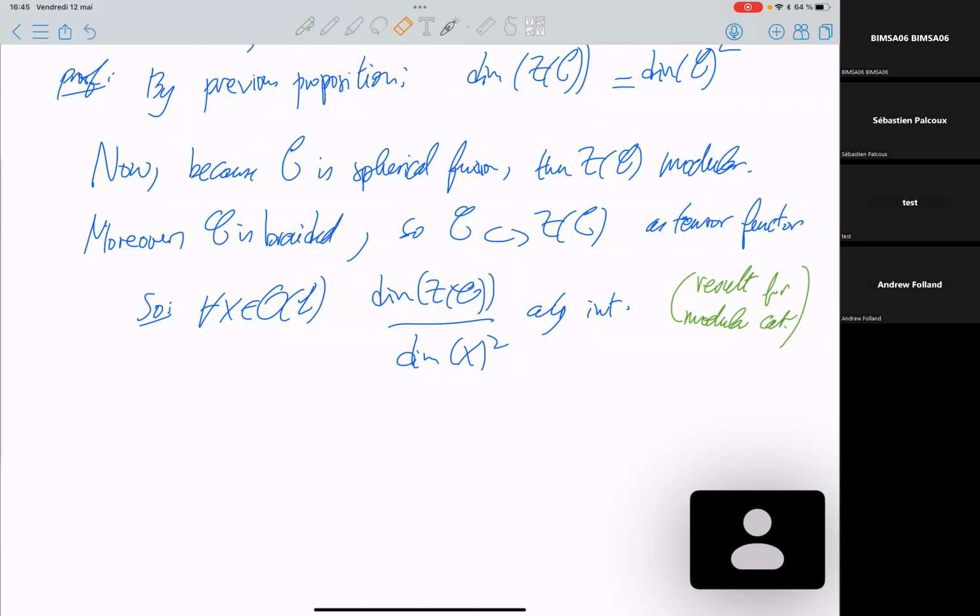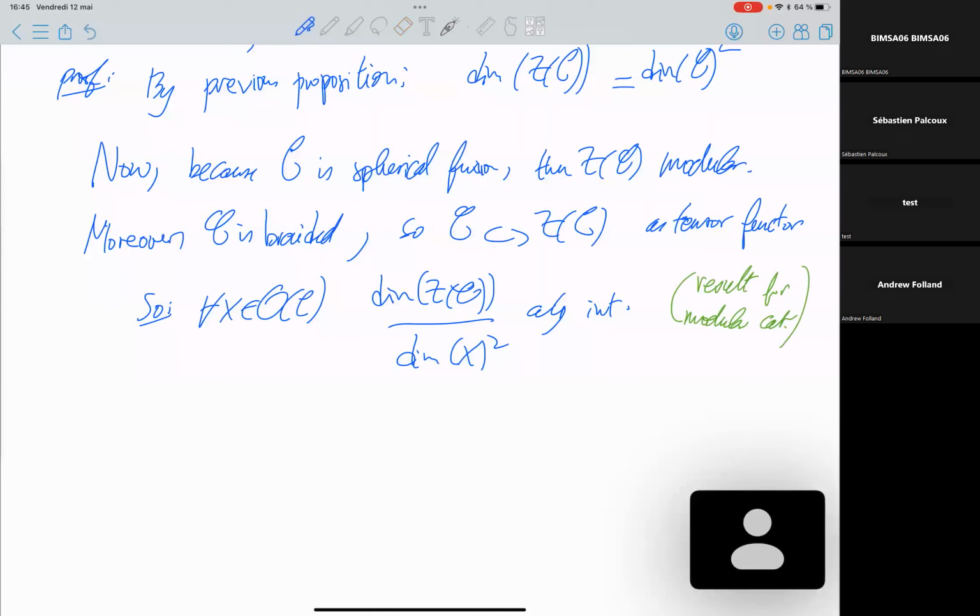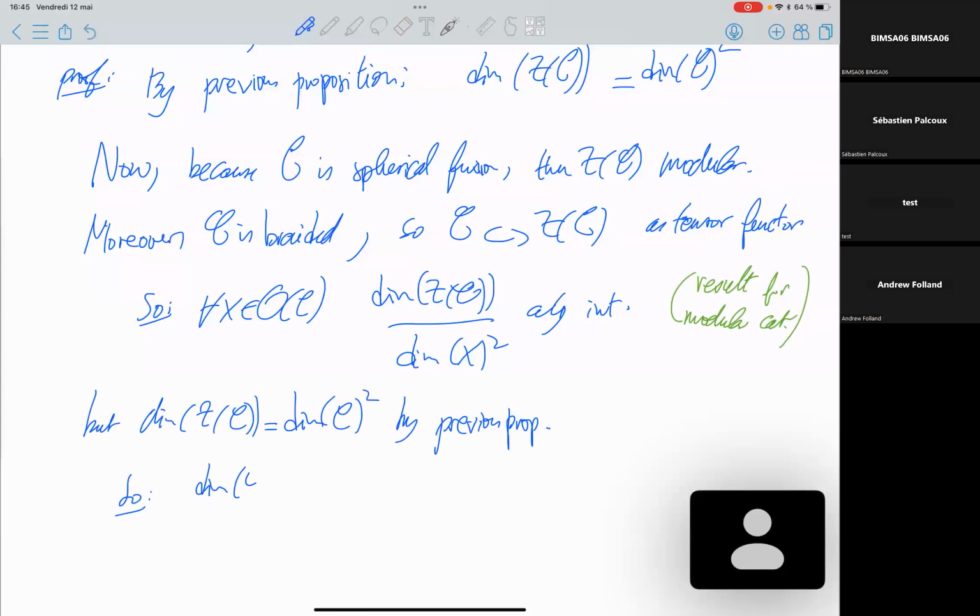And now we know that the dimension of the center of C is the square, as we just proved by the previous proposition. So the dimension of C divided by dimension of X is an algebraic integer.